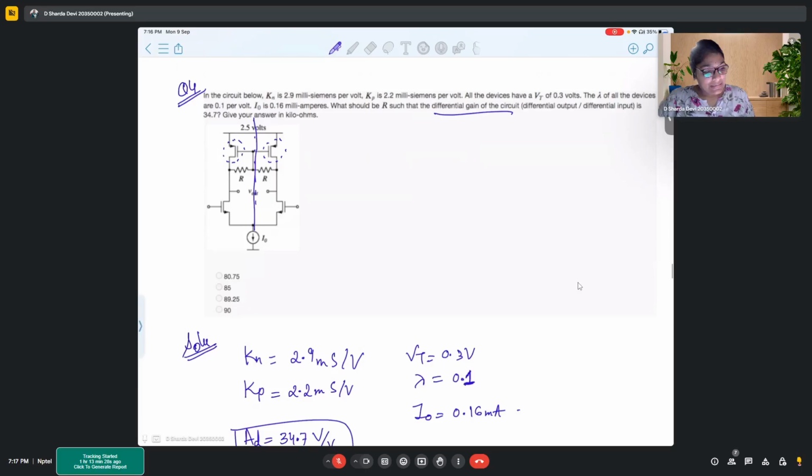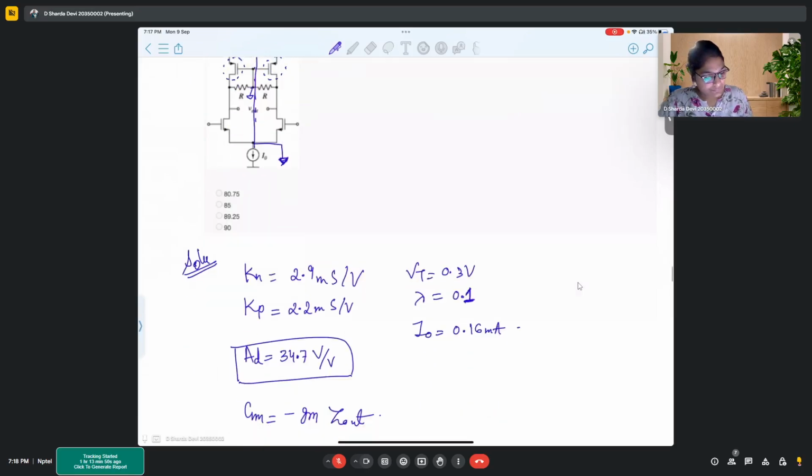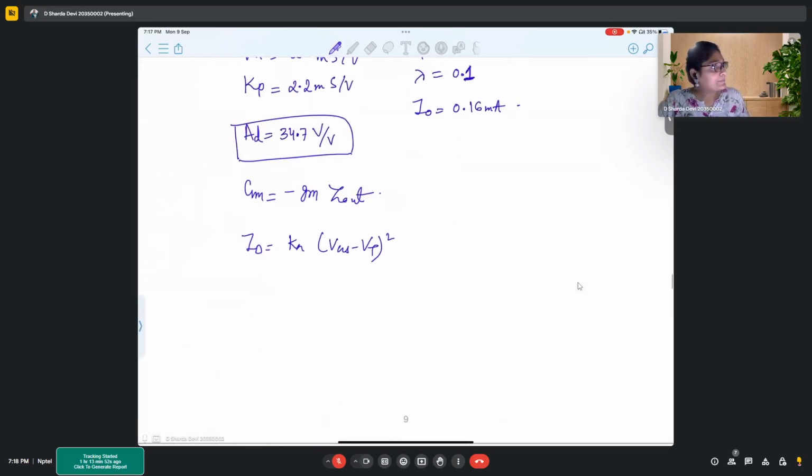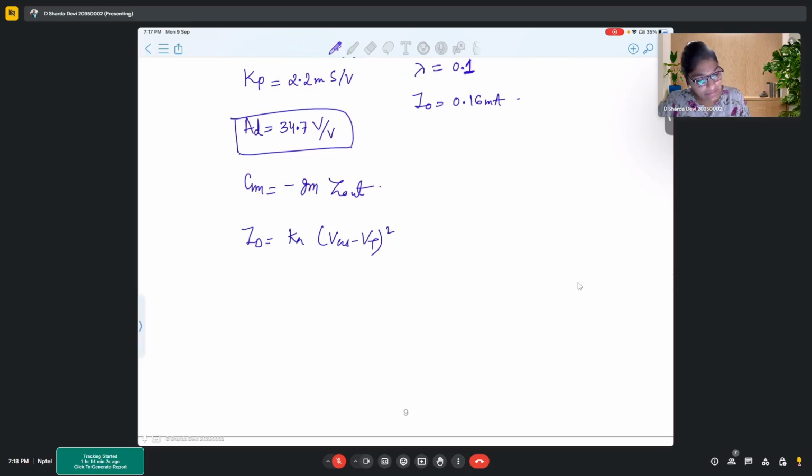And since there is no mention of this ideal current source being a transistor or not, again we'll assume that this point is almost DC, that is, AC grounded. That means this point's voltage is not changing. And we'll again go to AC analysis. We'll also put this point to ground. And then based on that, this is your ID, that is Kn (VGS minus VT) whole square.